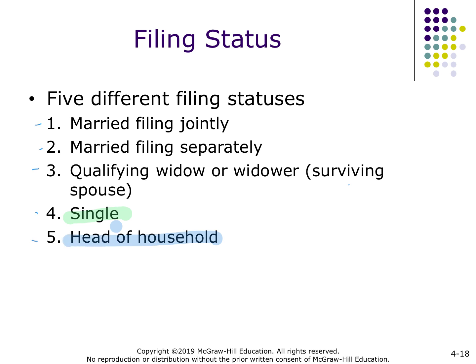Head of household. You need to be unmarried or considered unmarried at the end of the year. Not a qualifying widow or widower. And now here comes the important parts. Well, all of them are important parts, but here, you need to pay more than half of the costs of keeping up a home during the year.